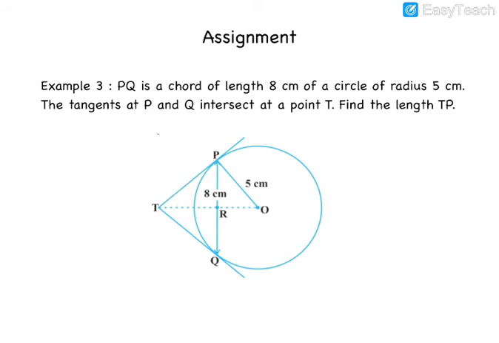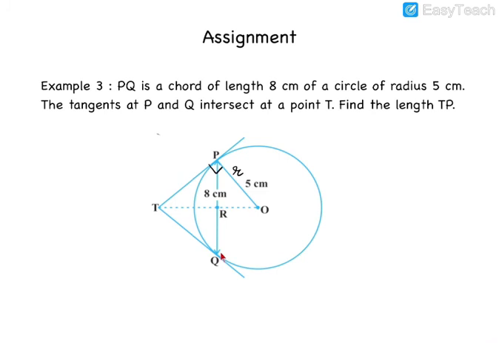This is an interesting question. OP is the radius of this circle and TP is a tangent. So the angle between them will be 90 degrees. So triangle PTQ will be a right triangle. You can proceed in this question by proving triangle OPT congruent to triangle OQT.